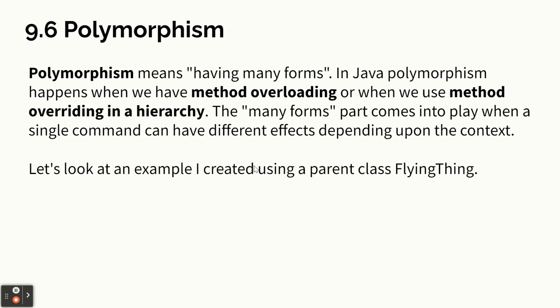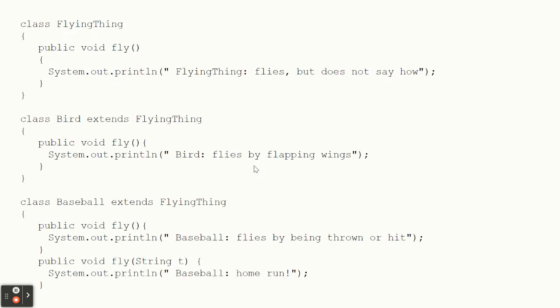So the many forms part happens when children are doing different things with the same method call, depending on where they are in the hierarchy. So I created a whole sample. You're going to want to look up here. We've got a class called FlyingThing. And then we have a Bird class, which extends FlyingThing. And we have a Baseball class, which extends FlyingThing.